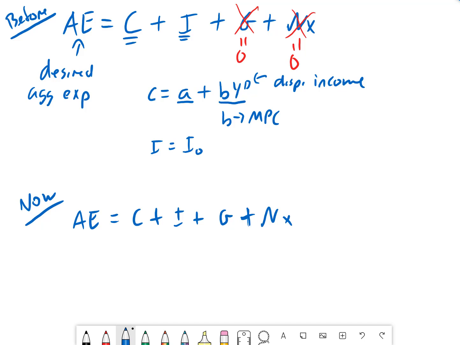So that's what we're going to do today: really think about the functional form of G and things that influence it, as well as taxes, and net exports. So we're thinking about what determines the level of exports in our country, what determines how much we import into our country, and factors that might shift those exports and imports around, like exchange rates and prices and that kind of thing. So the first thing we're going to start talking about is this government expenditure, or government purchases.